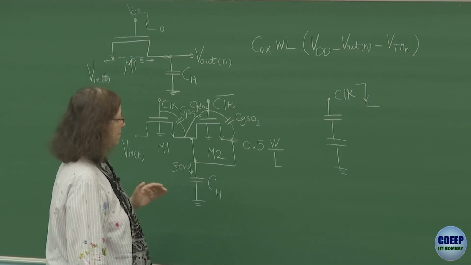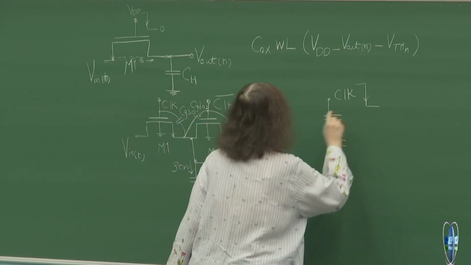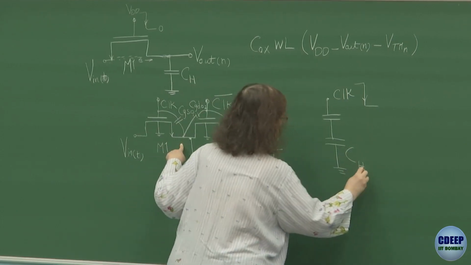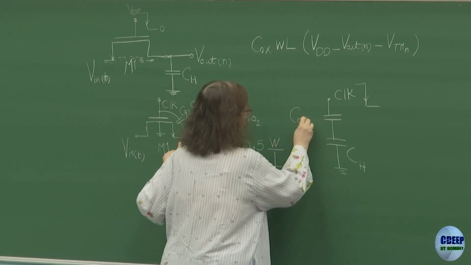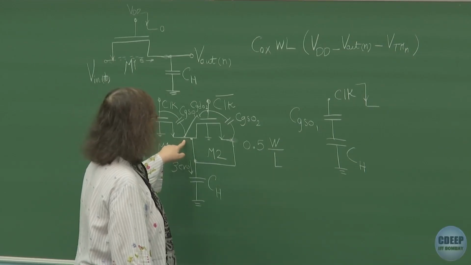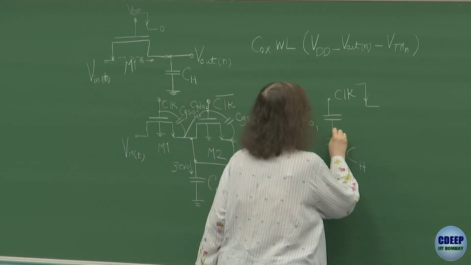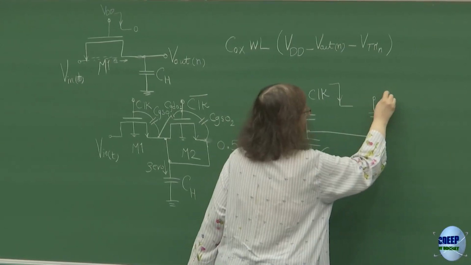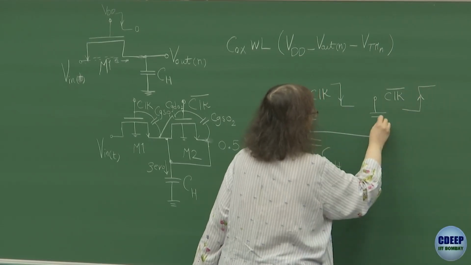So effectively, if I want to write the value of capacitors that we see in this figure, with respect to the clock connected to CH, the bottom capacitor is CH, we have CGSO1. And connected to the same top plate of CH, we have 2 times CGSO2, which is connected to clock bar, and therefore we will have the rising edge of clock bar.